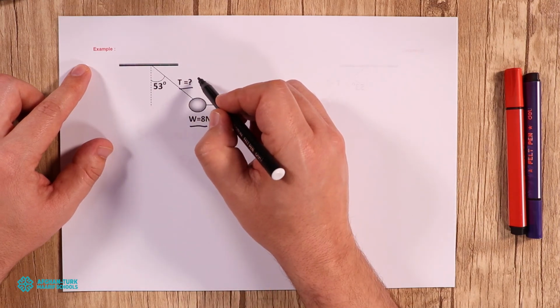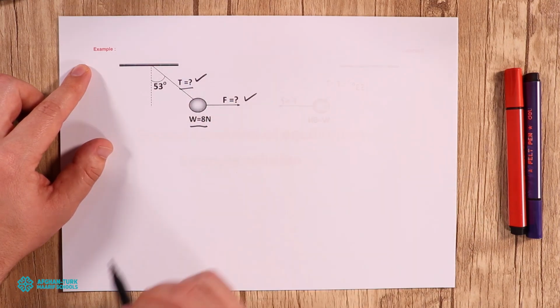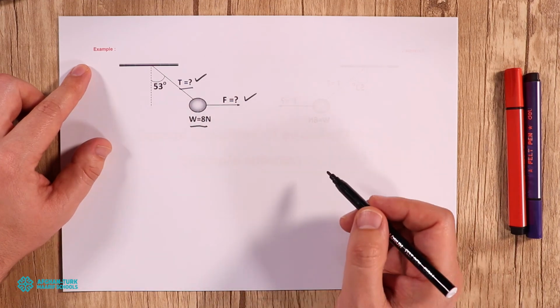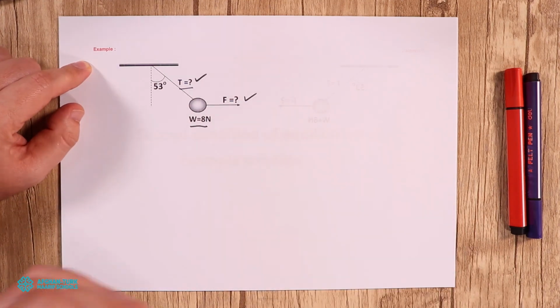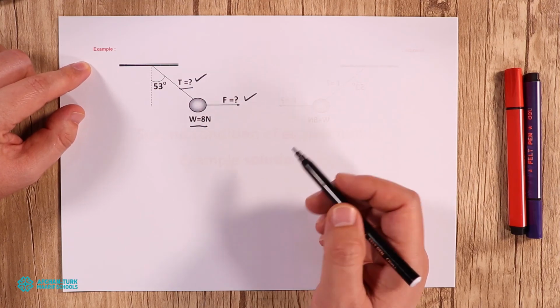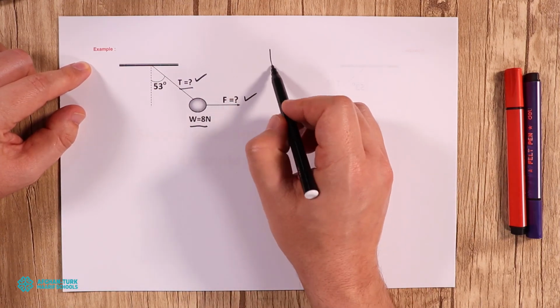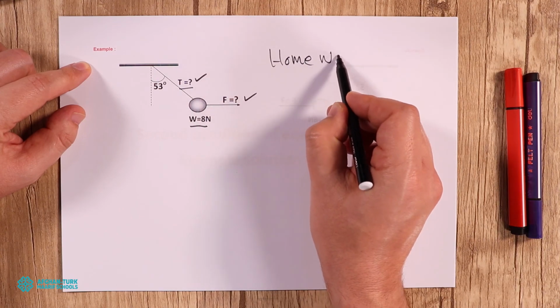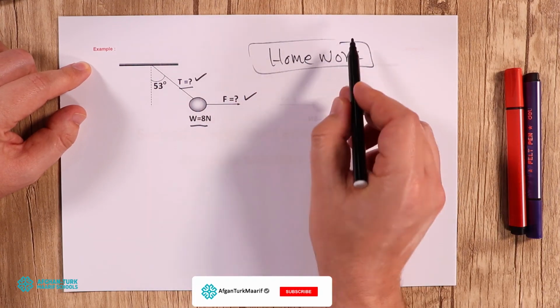You will find these two forces, the tension force and the applied force. Just use the formulas from the previous page and solve this question. This is your homework, so try to solve it.